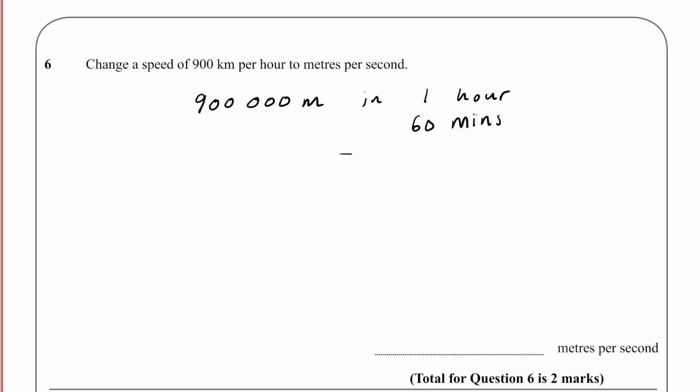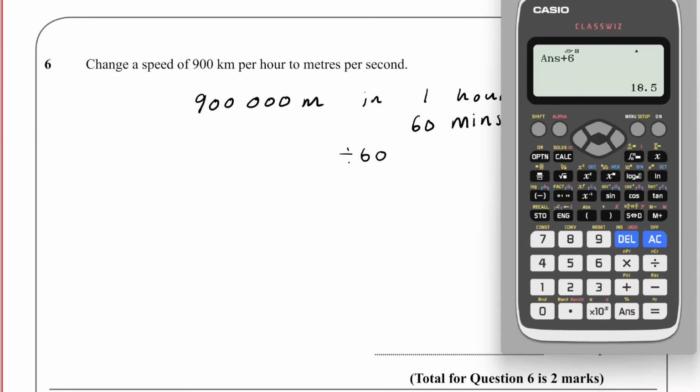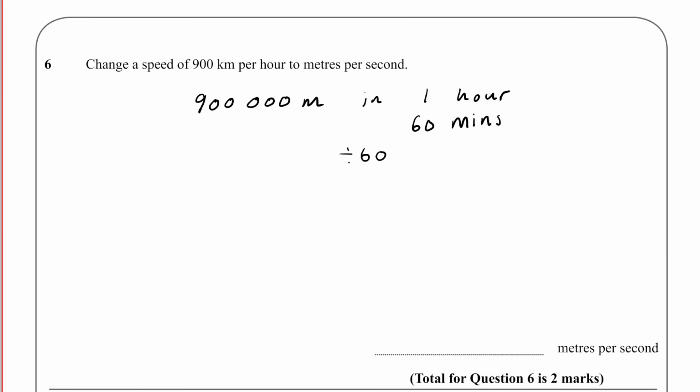So if we divide by 60, we can find out how far we go in 1 minute. So 900,000 over 60 is 15,000. So that's 15,000 meters in 1 minute, which is the same as 60 seconds.